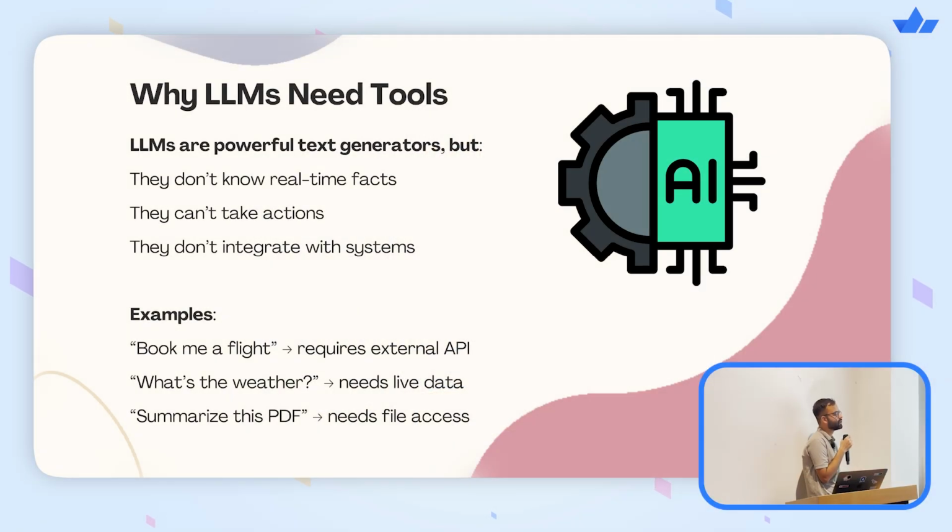So these are some of the examples. For example, let's say they don't have any real-time facts. They can't look at any real-time information. They also can't take actions on any custom set of data or any file or anything like that.